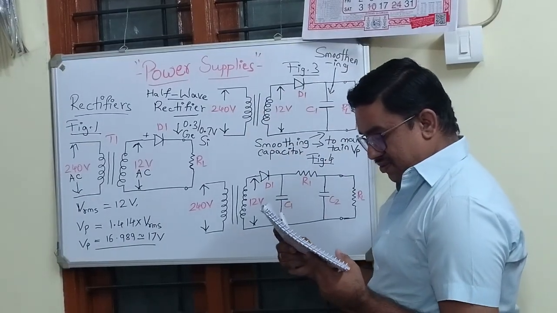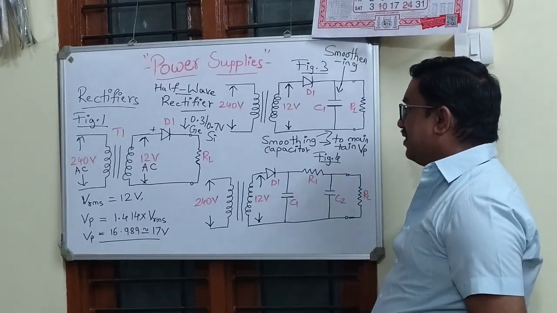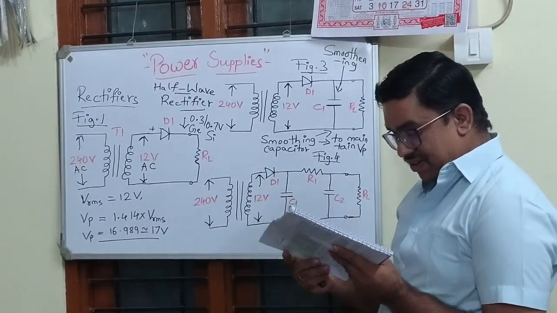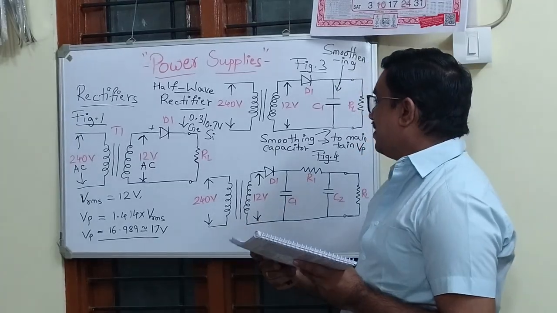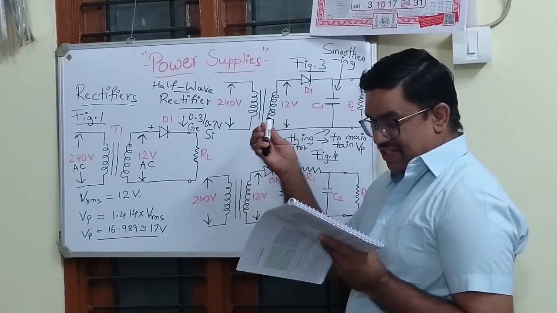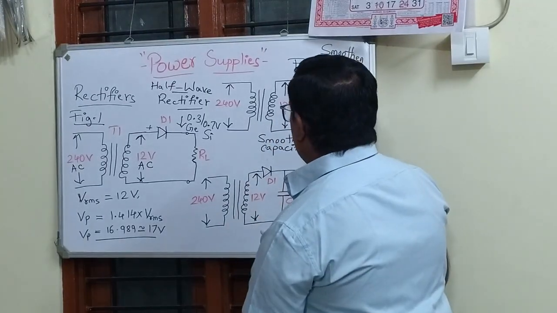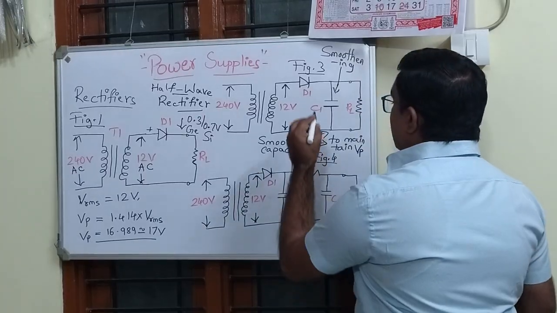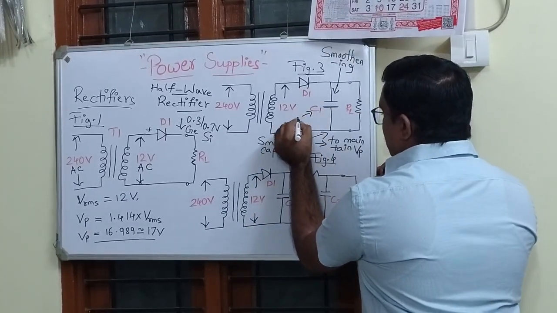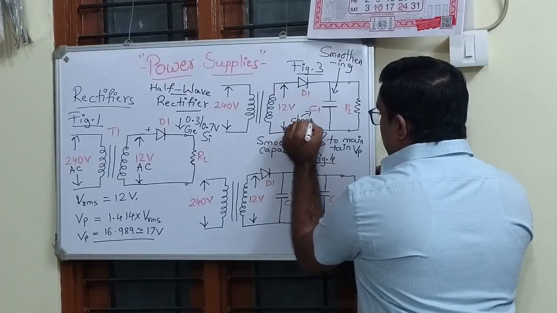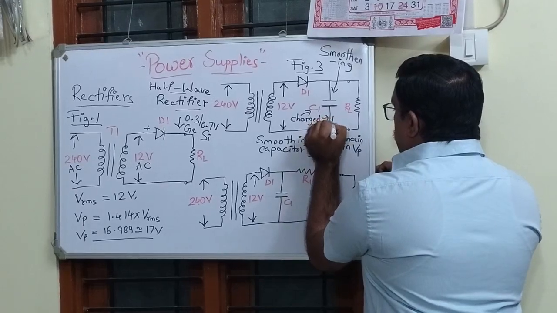So when the primary voltage is first applied to the transformer T1, the first positive half cycle output from the secondary will charge C1 to the peak. So in forward bias, the capacitor gets charged to the peak value.